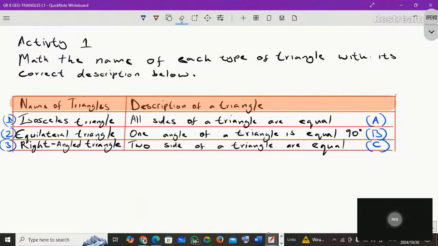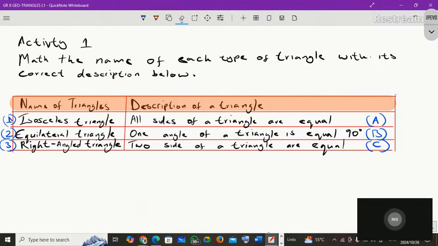Okay, today we'll be dealing with geometry, focusing on triangles. So guys, as you have dealt with triangles in grade 7, let me start by reminding you a little of what you did in grade 7.